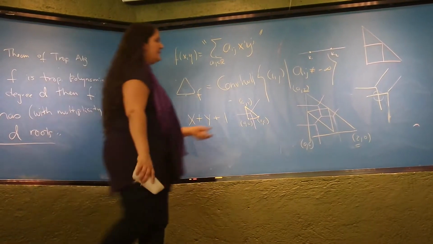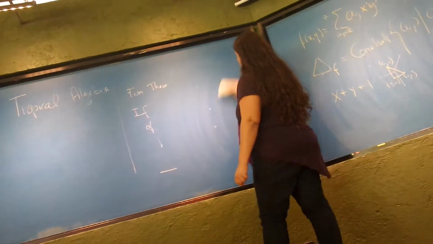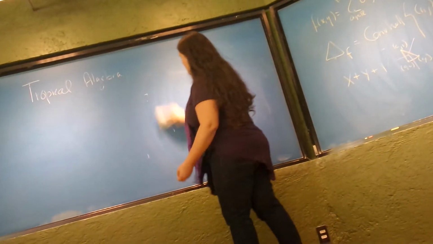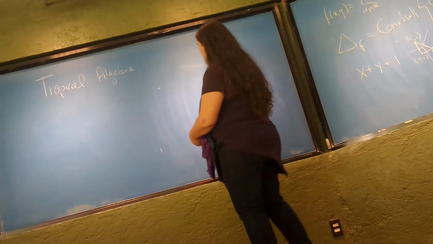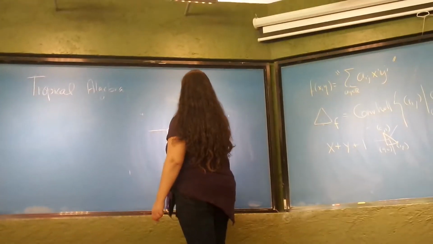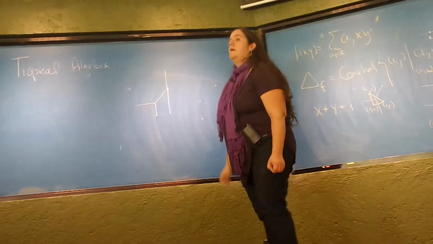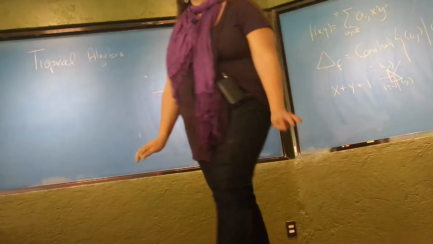Okay, then we have the decomposition of polytopes, graphs with weights. And how can I say, okay, then I make a graph with rational slopes.